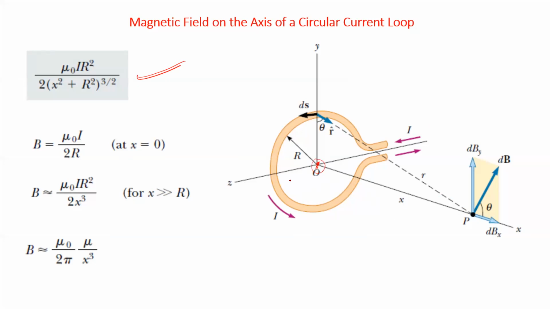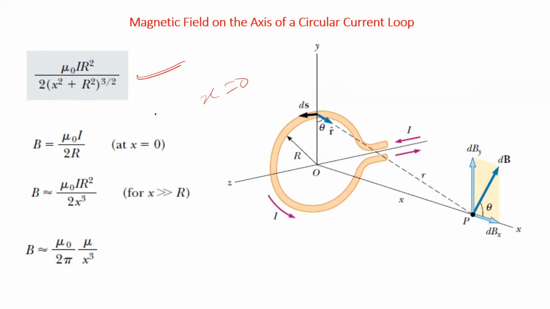So at the center of this loop, x is equal to 0. This point P is placed at the center, that means x is equal to 0. So we can neglect this x square term.